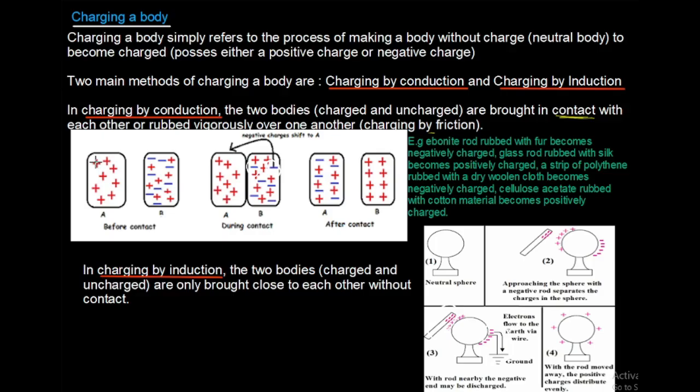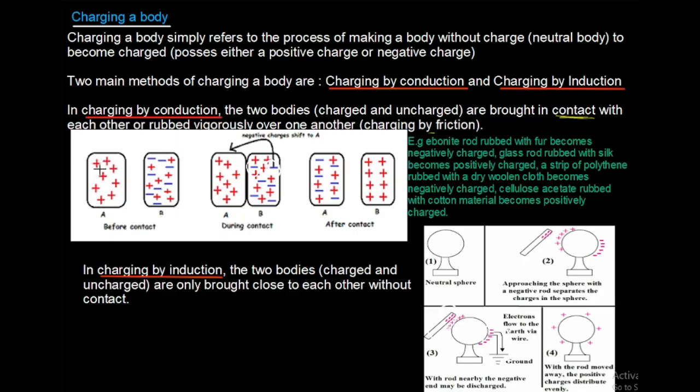The fact that they wrote only positive charges here without writing negative charges simply means the positive charges are in excess. Whenever you see a situation like this where only positive charges are shown, it simply means the positive charges are in excess. If they draw only negative charges, it simply means the negative charges are in excess.